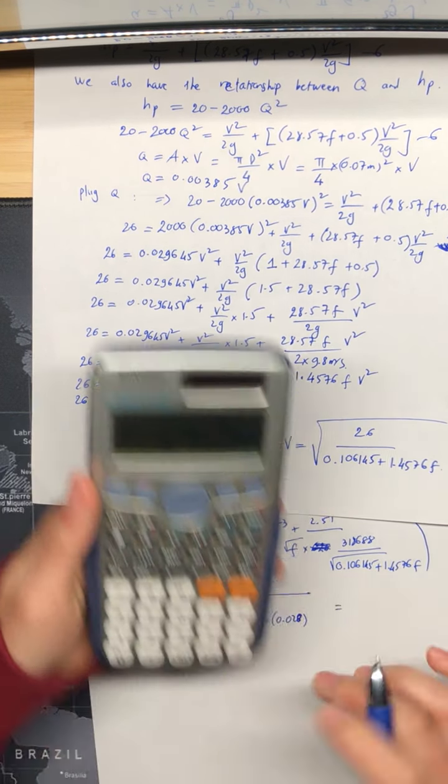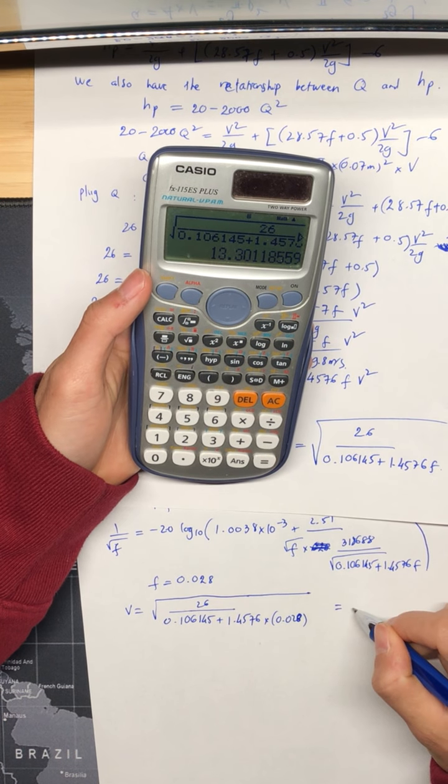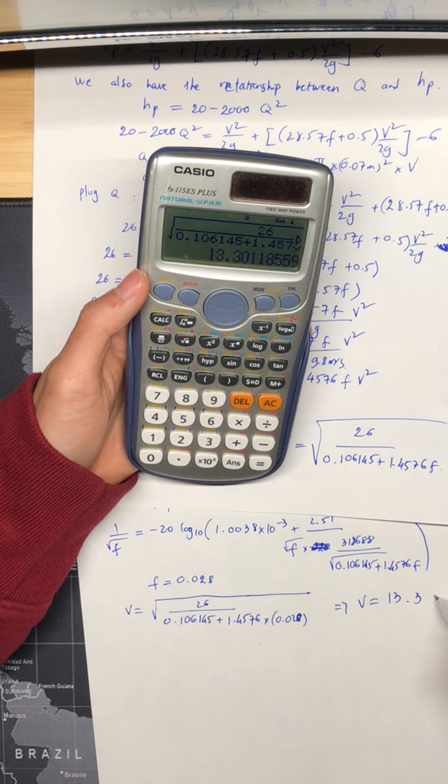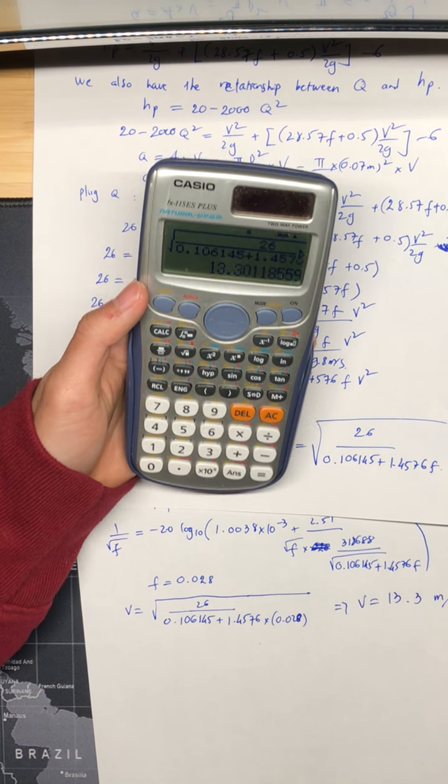Okay, yeah. So V equals 13.3 meter per second.